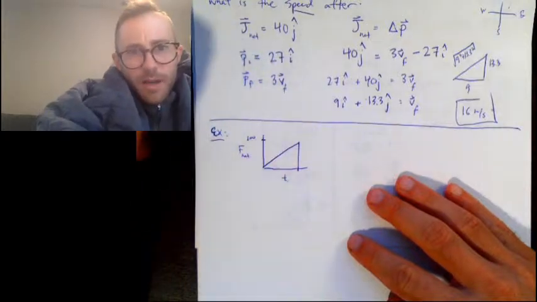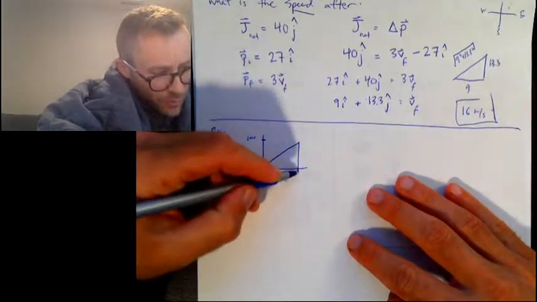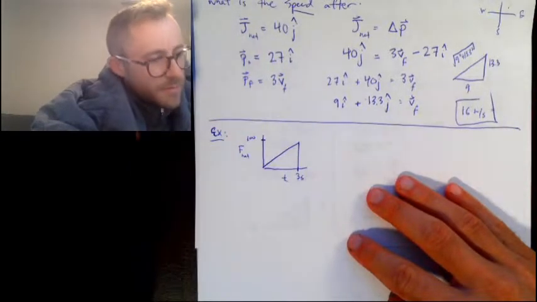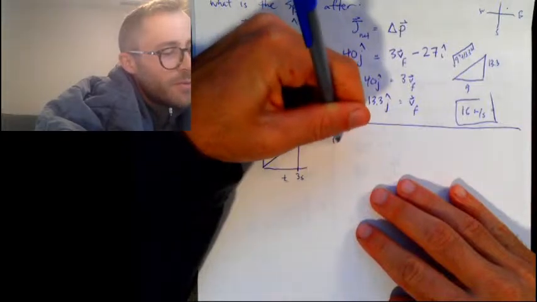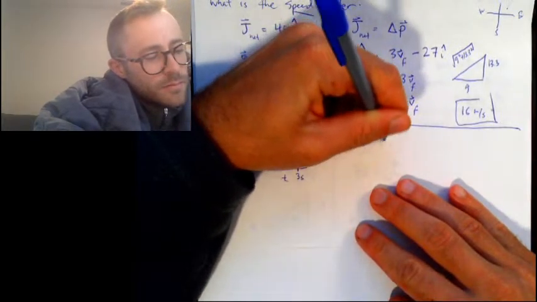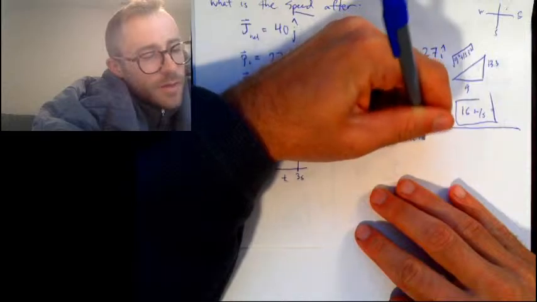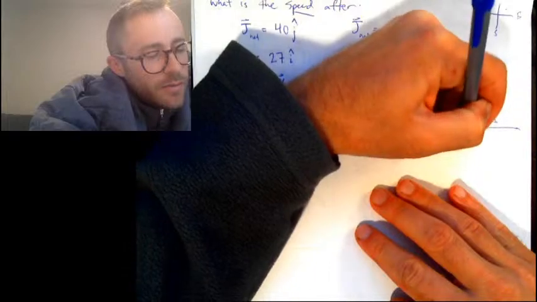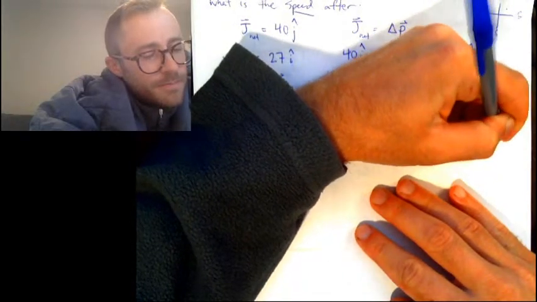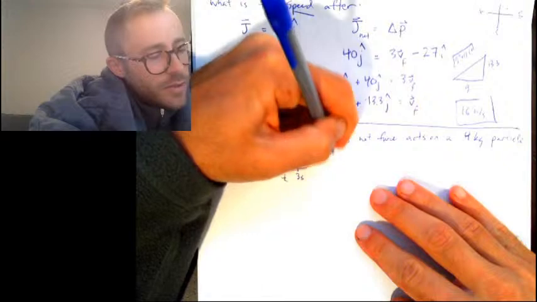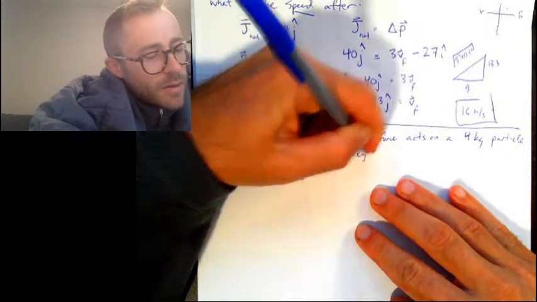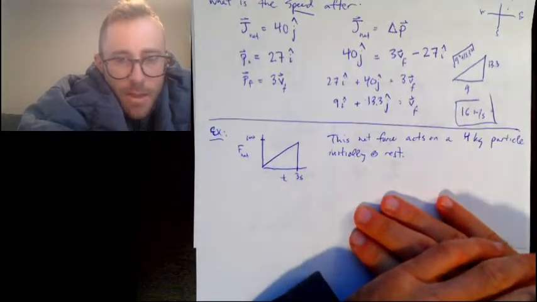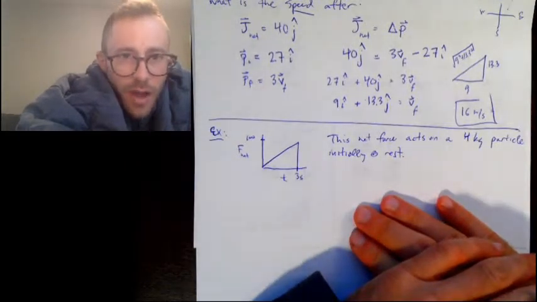The time at which the force goes to 0 is 3 seconds. This net force acts on, let's say, a 4 kilogram particle initially at rest.